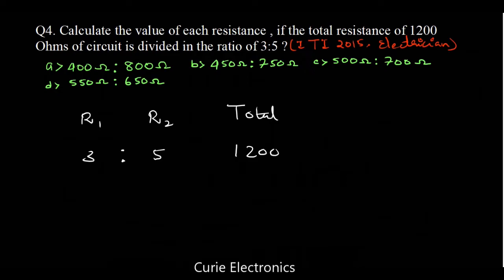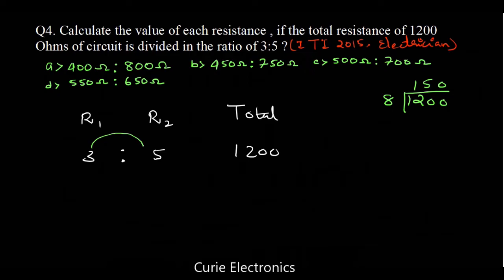Each resistance value. Now here also what I do, I will take the sum of the ratios, that is 8. Then from the total, 1200 upon 8, if I divide this, what I'll get, 150. Do it yourself. 150 I'll get. So one portion is 150. So easily I can write the ratio.